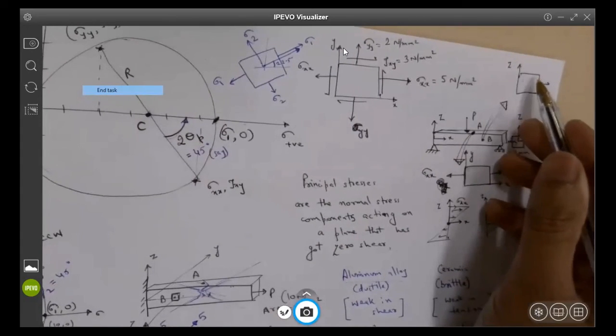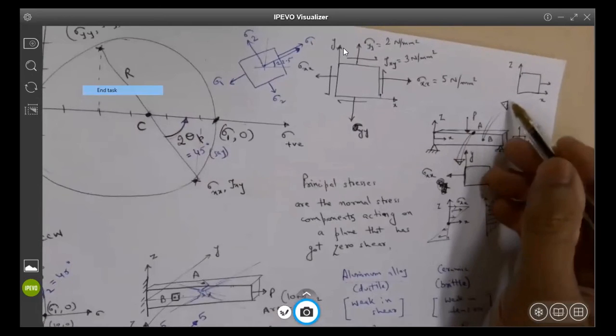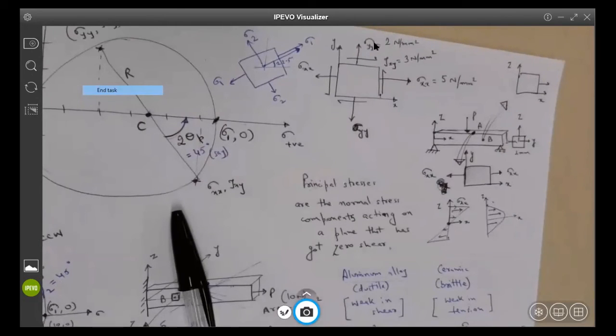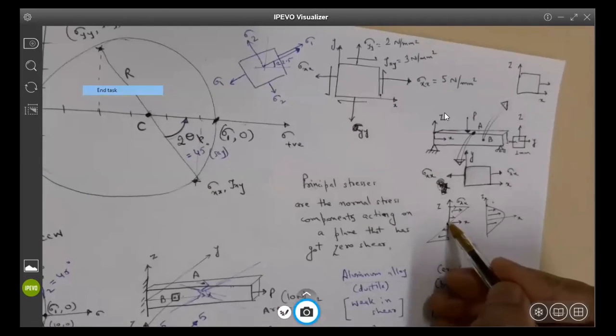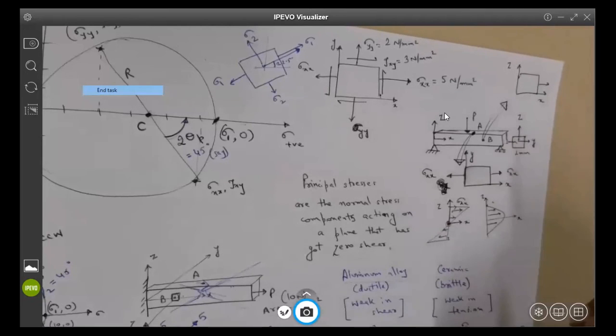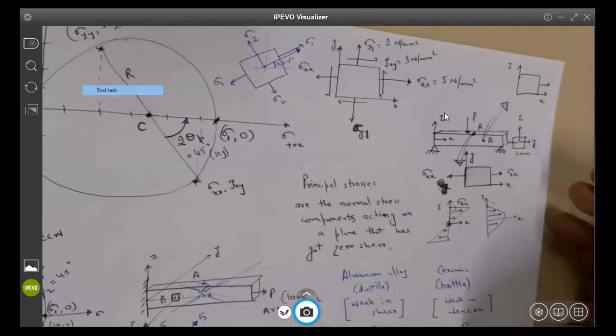Can somebody tell me what the stress representation for point B will be? Would it still be normal XX? If you look at this, sigma xx will become 0 at the middle. So that means there will be no sigma xx. Okay, so what else will be there?